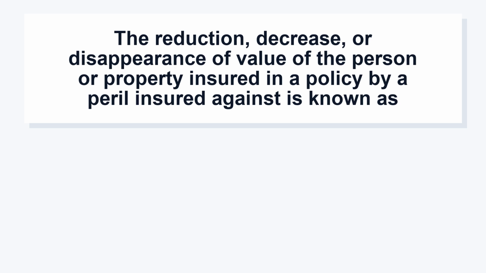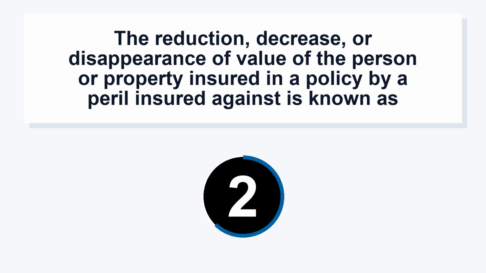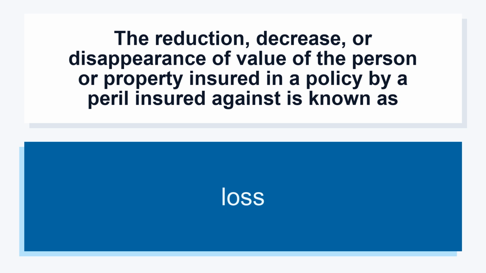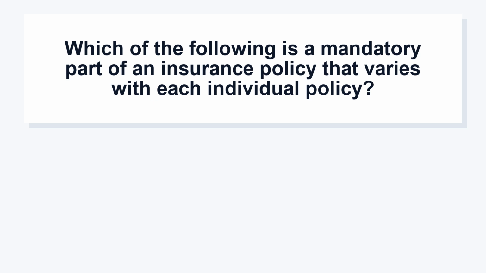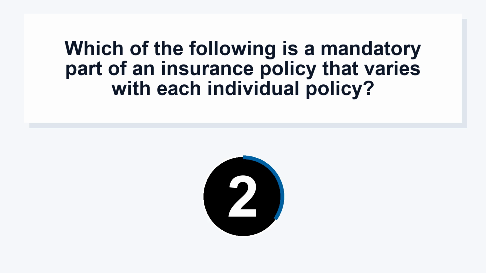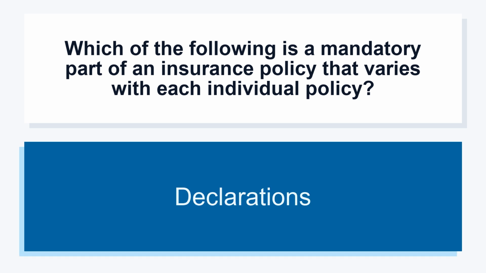The reduction, decrease, or disappearance of value of the person or property insured in a policy by a peril insured against is known as loss. Which of the following is a mandatory part of an insurance policy that varies with each individual policy? Declarations.